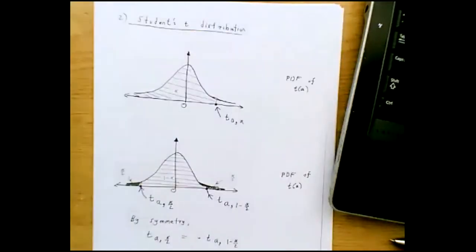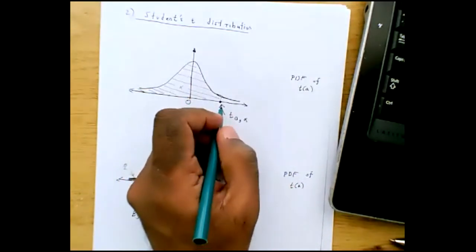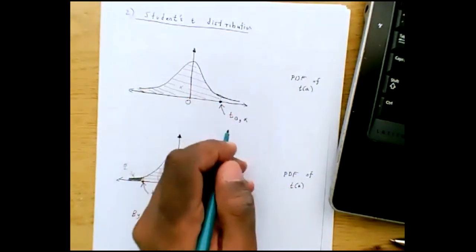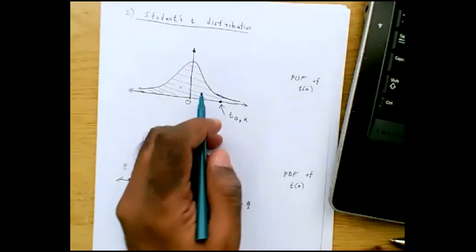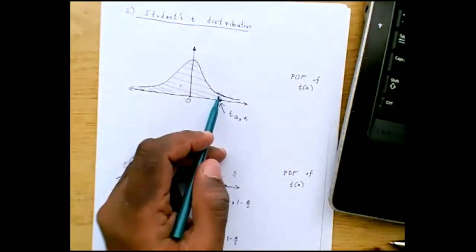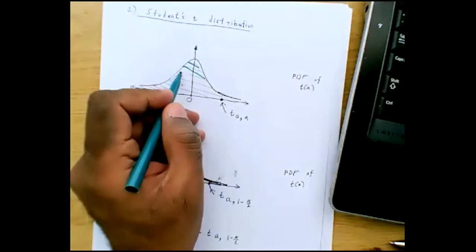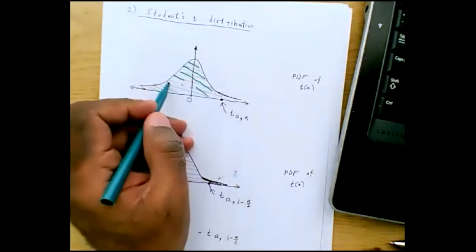Okay. Now the student's t distribution is again a symmetric distribution, right? So this point here denotes the value to the left of which you have an area of alpha, right? So the area to the left of this point, the shaded area, is equal to alpha, right?